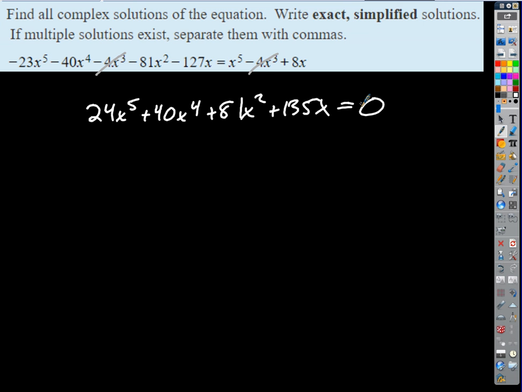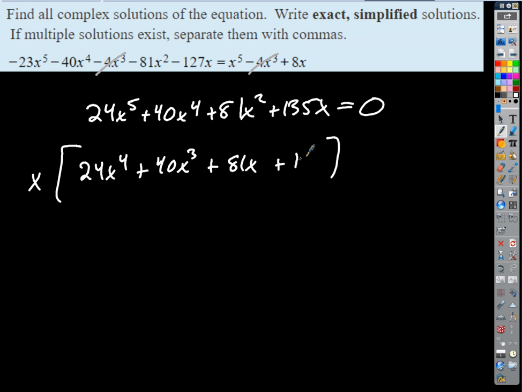Can I factor anything out to begin with? Because I want to if I can. What can I factor out? An x. Yeah, I could take an x out of this whole thing. If I do that, I'm left with x to the fourth plus, plus, plus. Okay, that helps a little bit. We've got it broken down into two factors that are slightly smaller.